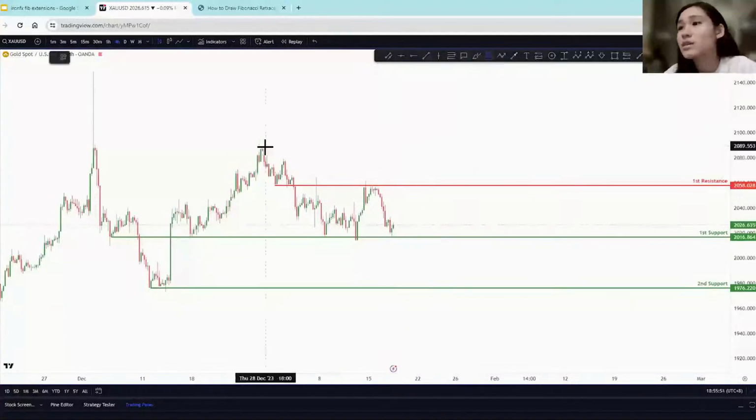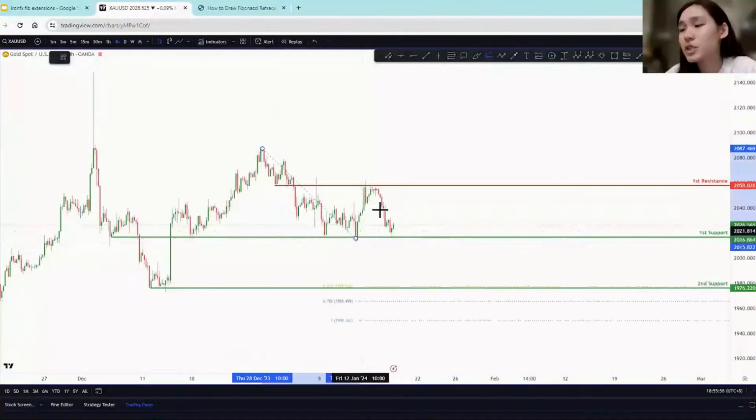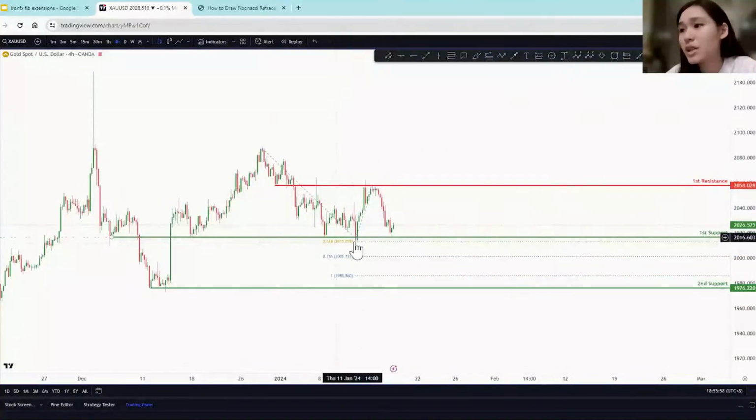Okay, so going in with a projection again, it's in line with my 61.8.